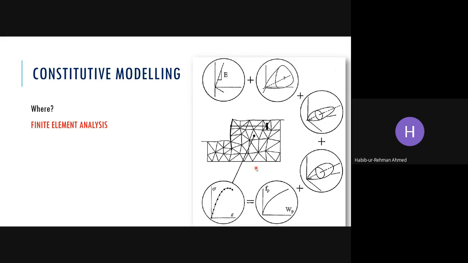But the real behavior of the soil, as Dr. Mubashir pointed out, can only be captured using discrete element analysis. I'll show you some slides which will give you more idea about this.